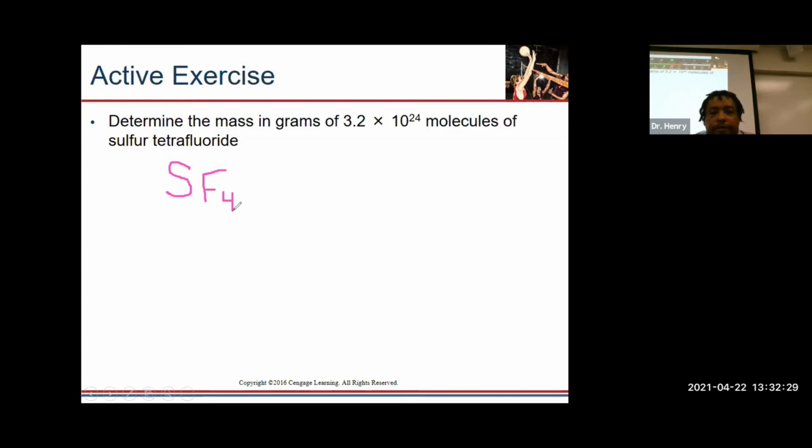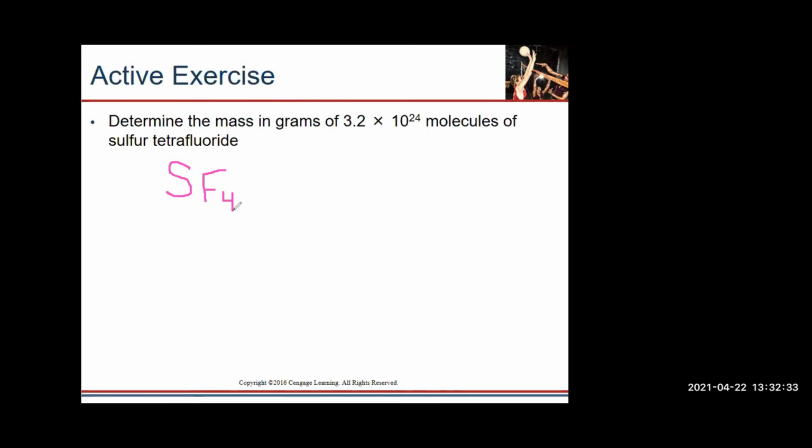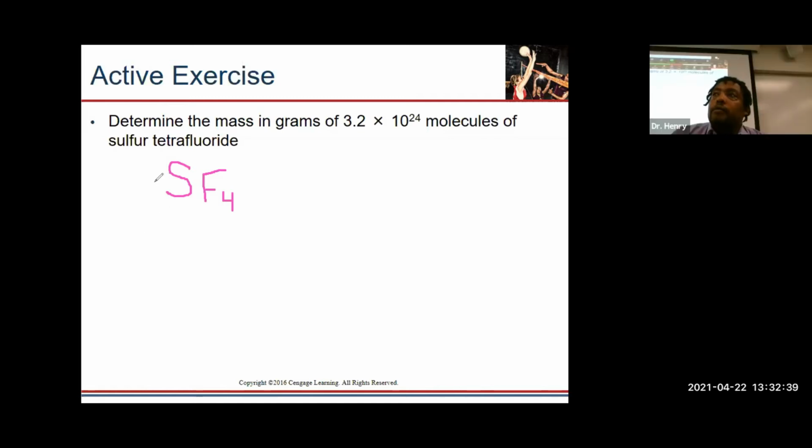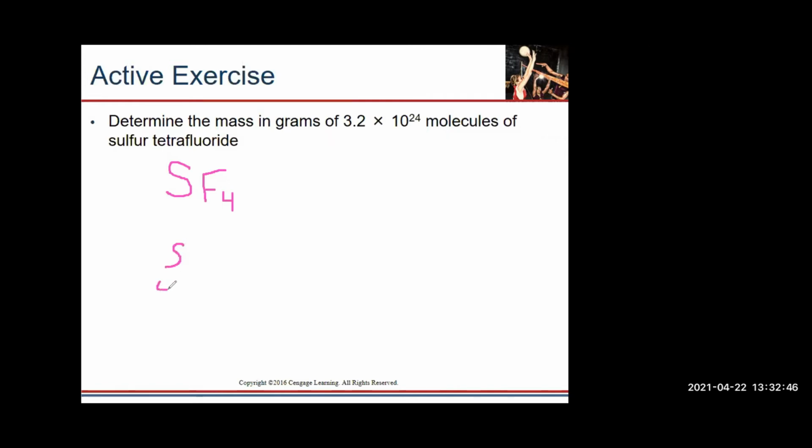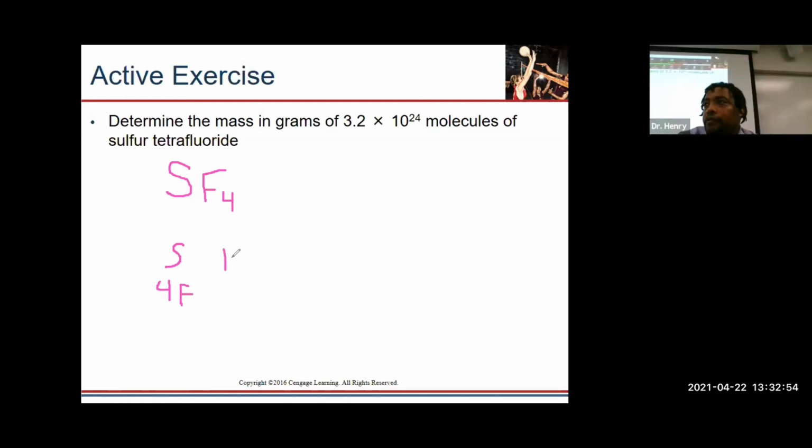Okay, so I have the formula. So then what am I going to do? You're going to break it up into how many sulfur and how many fluorine you have. So I'm going to calculate my molar mass. How many sulfurs do I have? 1. Fluorines? 4.